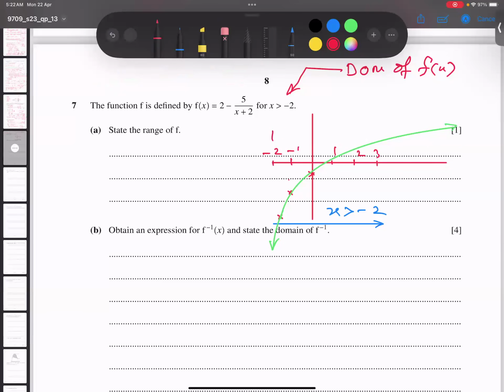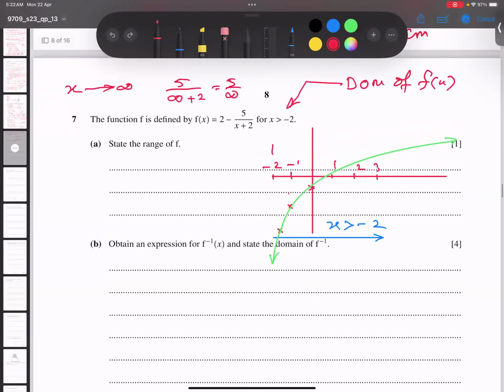So it means that as x approaches infinity, and the highest number you can plug in is infinity, and if I add something to infinity, it gives you infinity. I taught some rules and I repeat here: something divided by zero gives infinity.